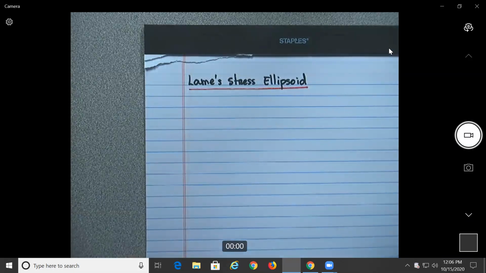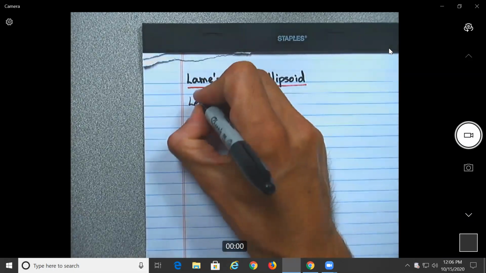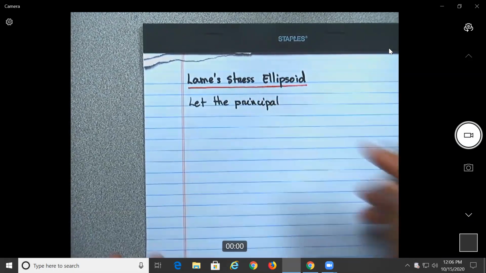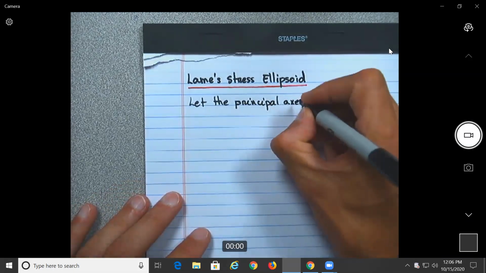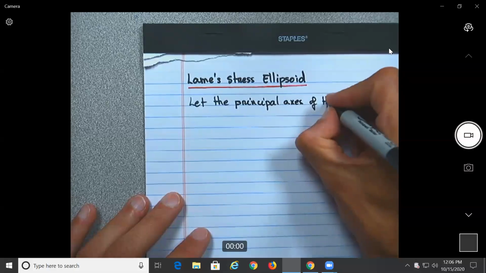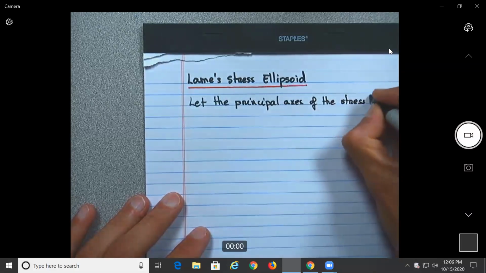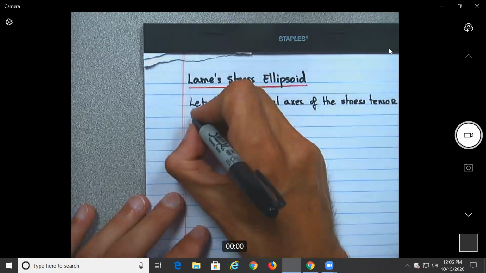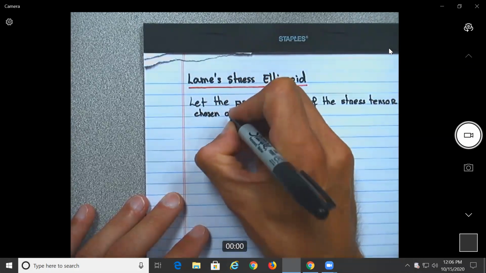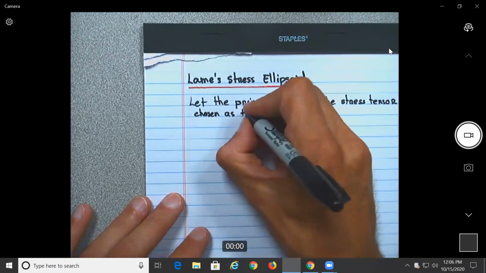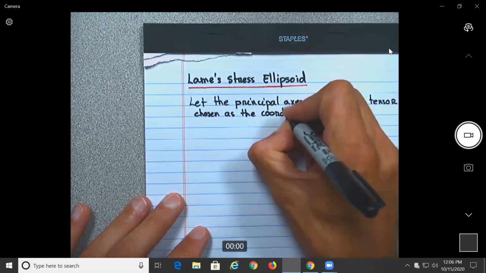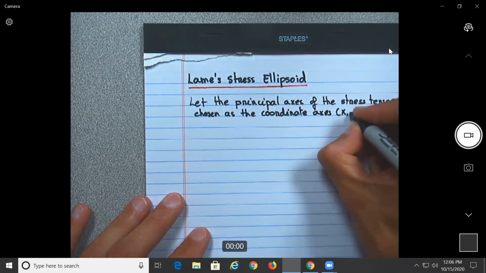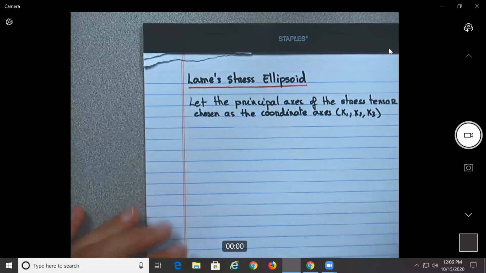All right, so for Lame, let's say let the principal axis of the stress tensor be chosen as the coordinate axis, x1, x2, x3.